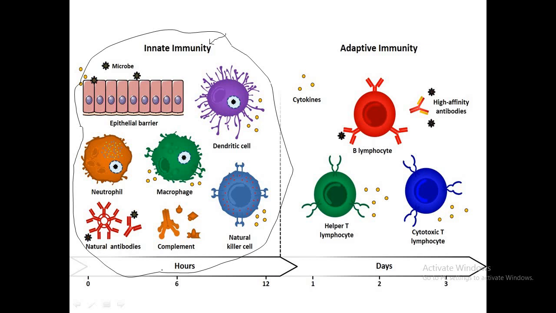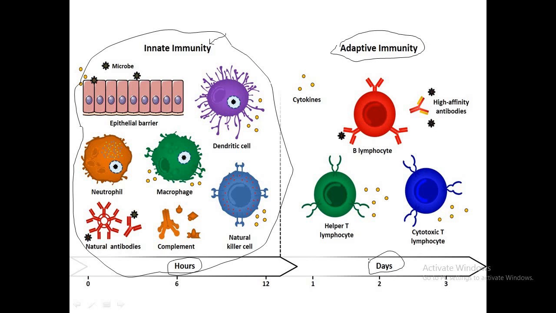However, if this system fails to remove that particular pathogen, adaptive immunity will come into play, and the response generated by adaptive immunity is very slow compared to innate immunity. Innate immunity starts its activity within hours, but adaptive immunity takes a few days. This is the basic difference between adaptive and innate immunity.